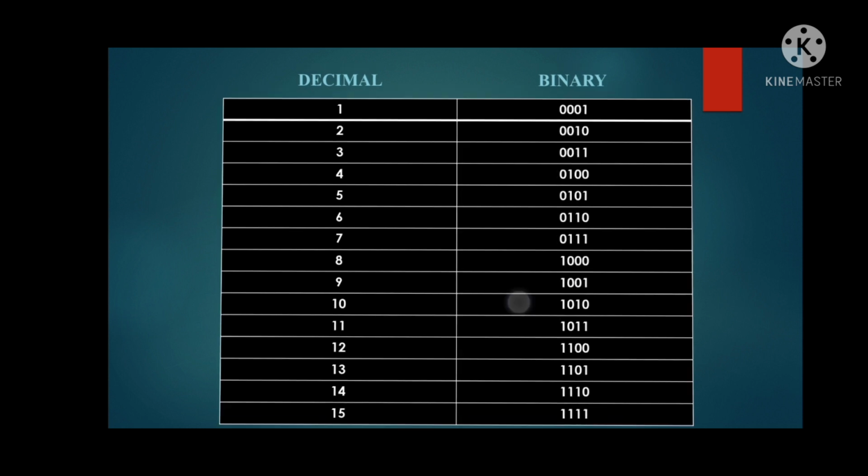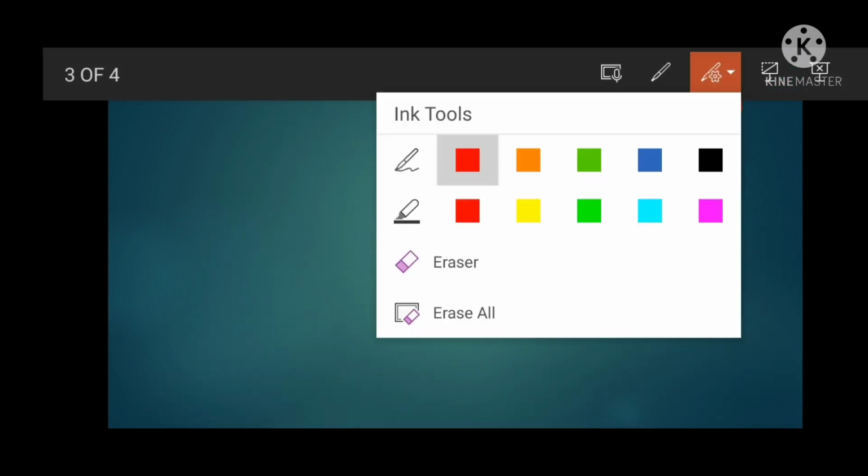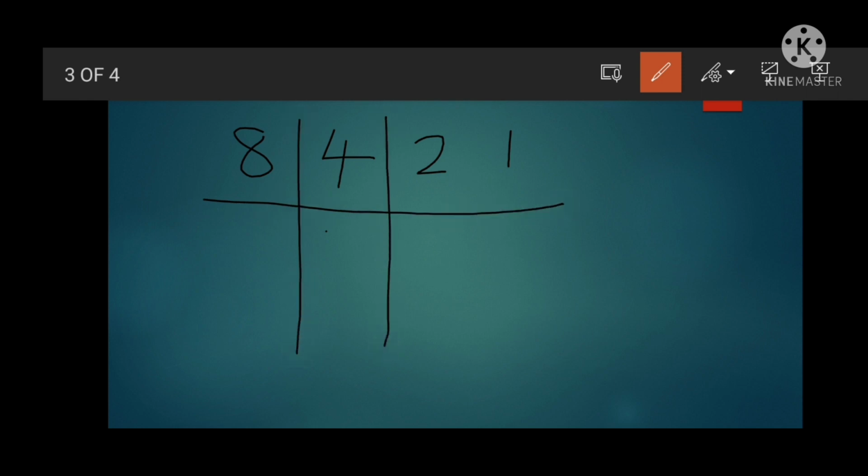So let me start with this. First I would like to tell you how to convert this. First you will have to get to know there is a pattern called 8, 4, 2 and 1. So you will have to remember this pattern. Okay. So now let me just draw a kind of table here.